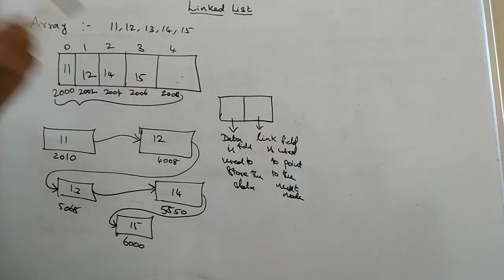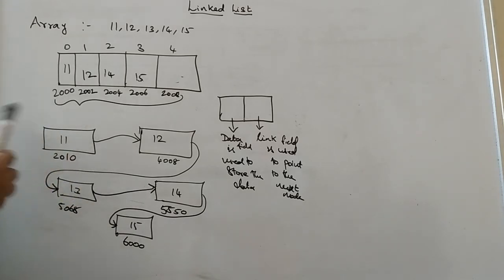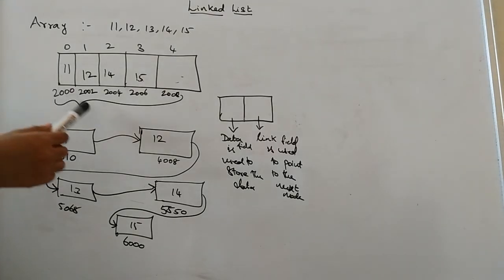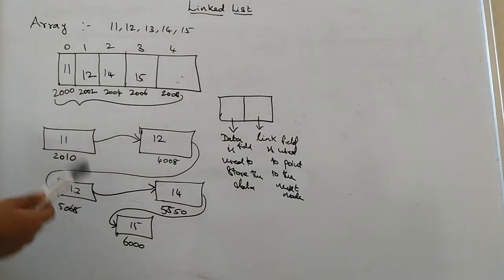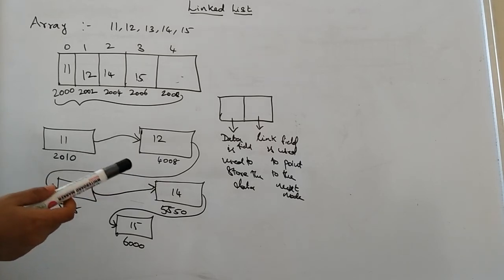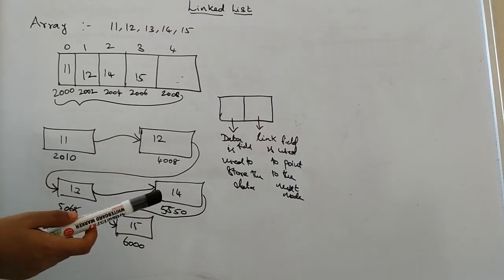Then only I can store 13 in this memory location. But if I am taking the linked list, there is no necessity of shifting the elements from one location to another location. The reason is, these nodes are all stored in different memory locations, right?